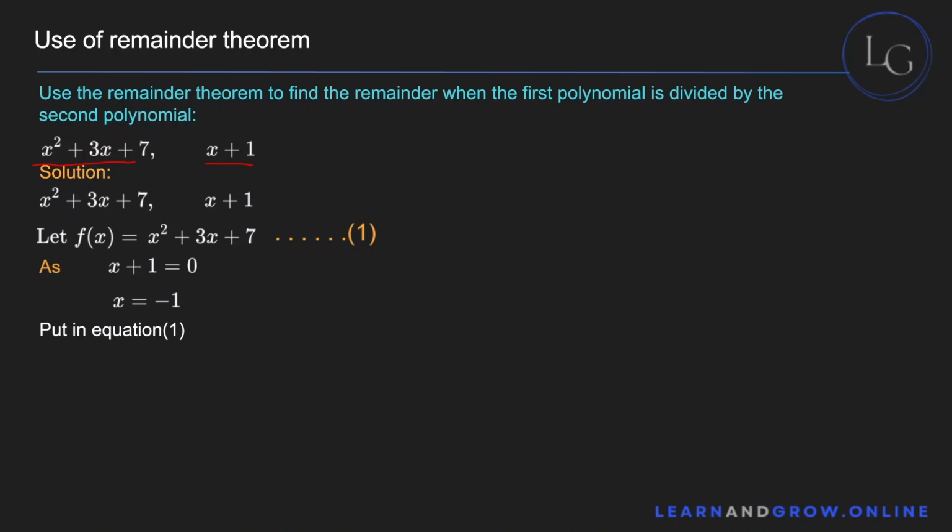Now, put this value of x in this equation. Upon doing that, when you solve all of this, you get a value of 5, and that is the remainder of this division that we've done. So we found the remainder when the first polynomial is divided by the second polynomial, and that is the remainder theorem.